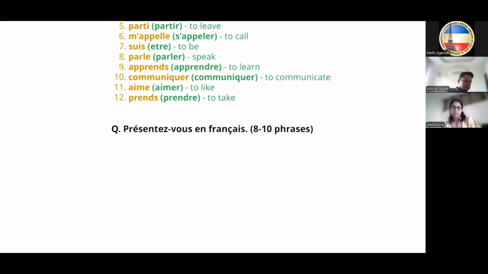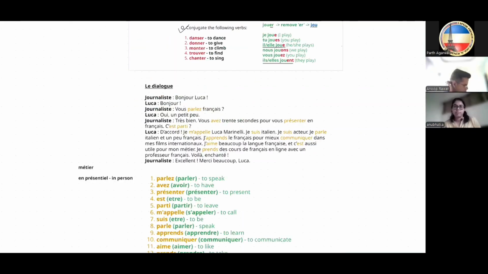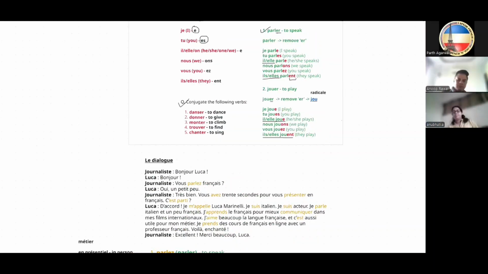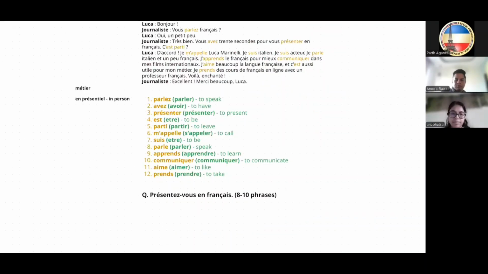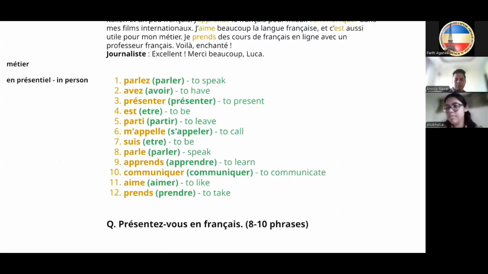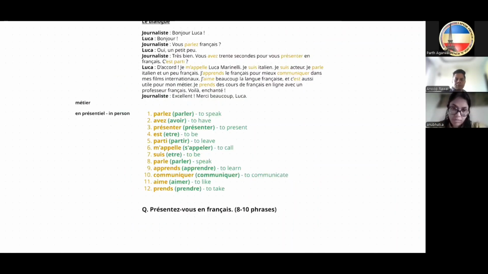You can use whatever verbs we have studied till now, like parler, jouer, danser, monter, and the other verbs we have done here. You can also take a reference from Luca's presentation, and then describe your own.